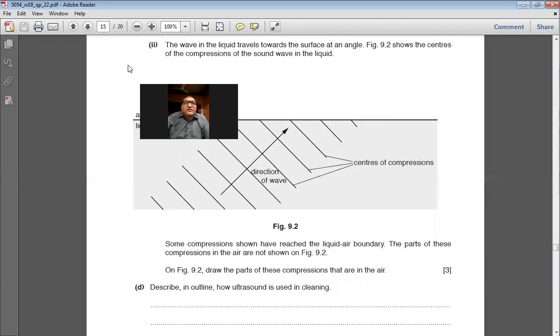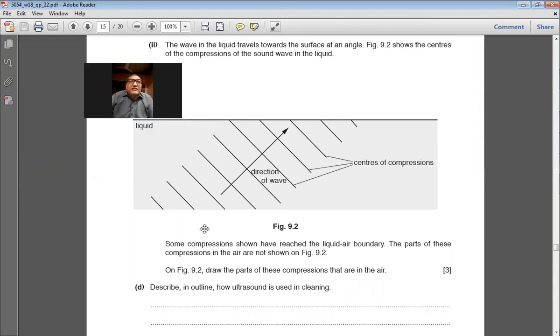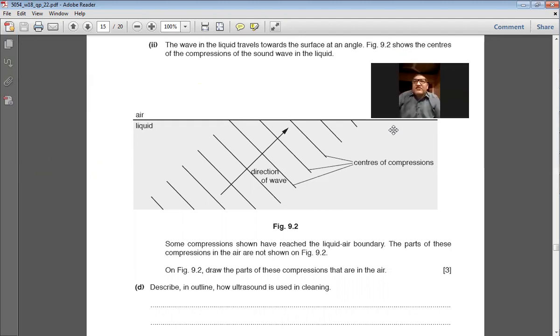On figure 9.2, draw the parts of these compressions that are in the air. So when these reach the air, we have to draw the refracted wavefronts of the sound wave.